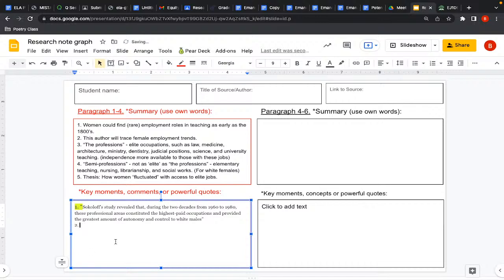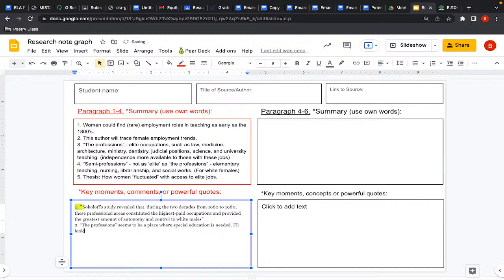So, one thing I'm going to just note down here, maybe it's a repetition, but it seems to be important, is that the professions seem to be a place where special education is needed.